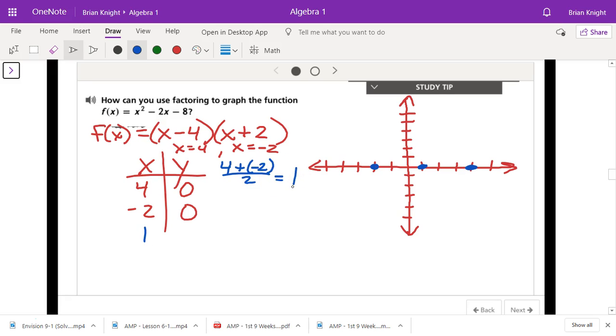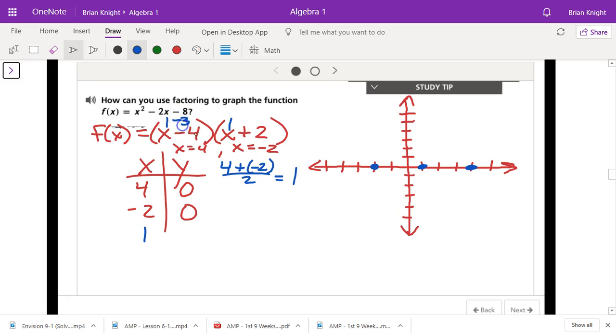Okay? Everybody with me so far? Now, when I plug 1 in, I don't get 0. What do I have to do to figure out what I get? Plug it in. You can plug it into the original, or you can plug it into this one. If I plug in 1, I'm just going to do it to this one.